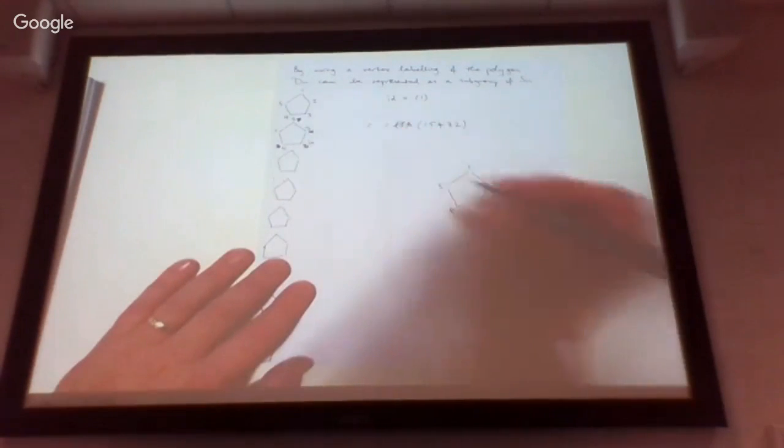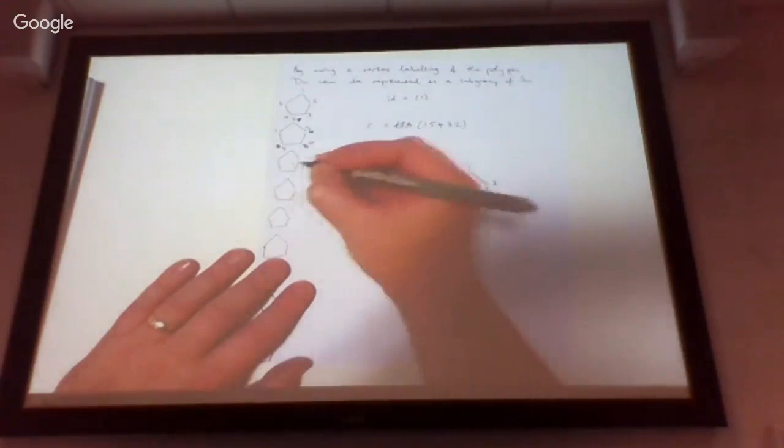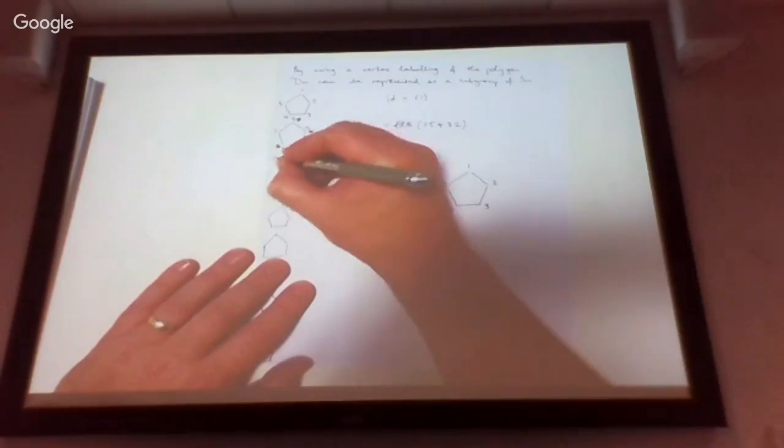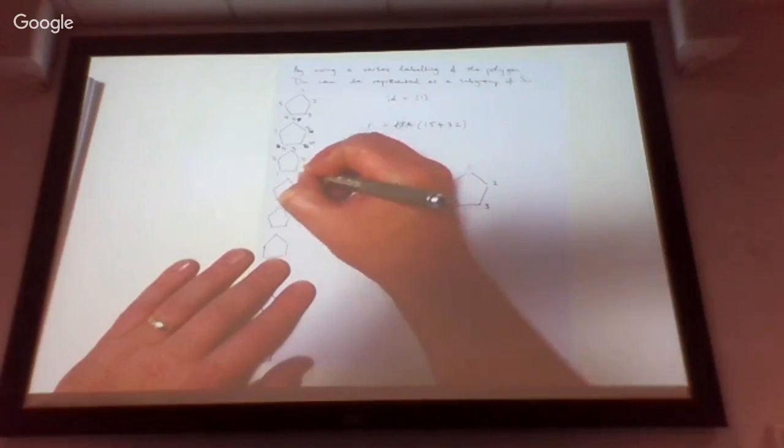R squared, if you think about rotating it 2 clicks on, the labels are going to end up like this: 1, 2, 3, 4, 5.